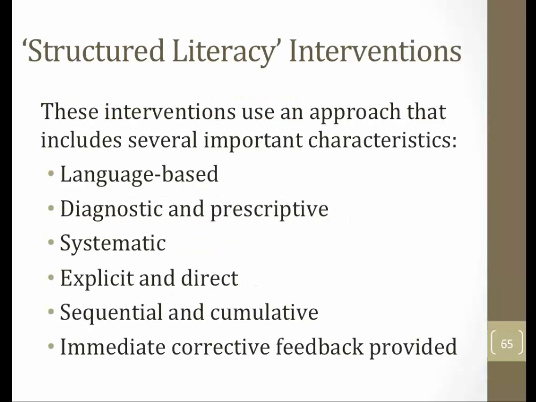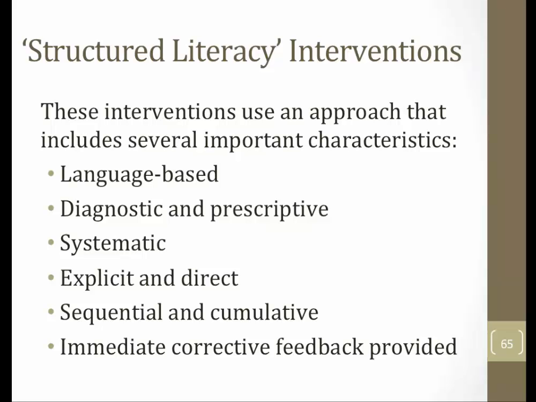IDA, the International Dyslexia Association, in an effort to join forces and bring people together, has defined these interventions that work for the students with dyslexia as structured literacy interventions. Some of you are probably familiar with the term multisensory structured language.